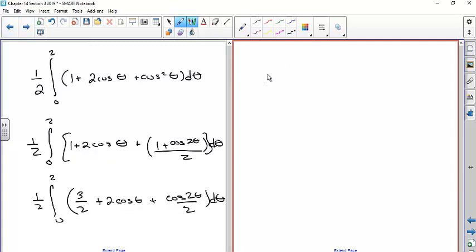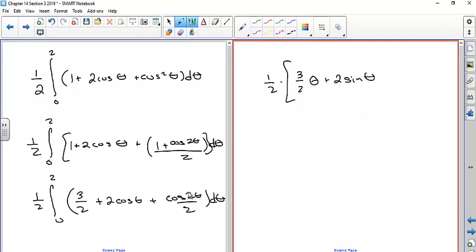And now we integrate it. So we'll get 3/2 theta, because we're integrating with respect to theta. The integral of the cosine is the sine, so we get 2 sine theta. We integrate 2 cosine theta.